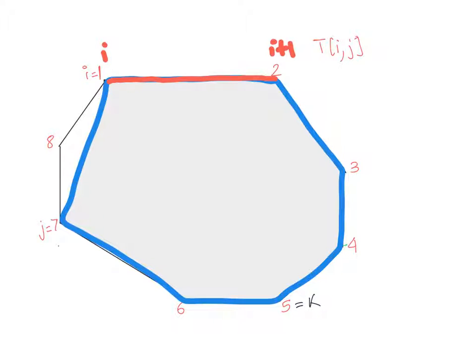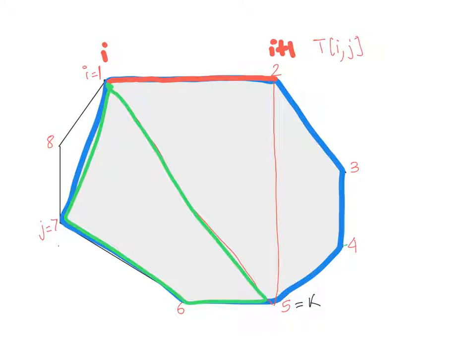And then the idea was, okay, let's now see what are the pieces in this triangulation. There is the triangle i plus 1, k, and then we have one piece on the left which is given by this polygon, and then another piece on the right which is given by this polygon.